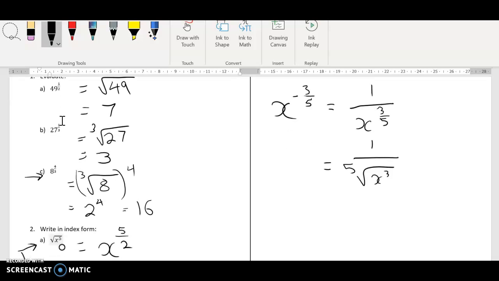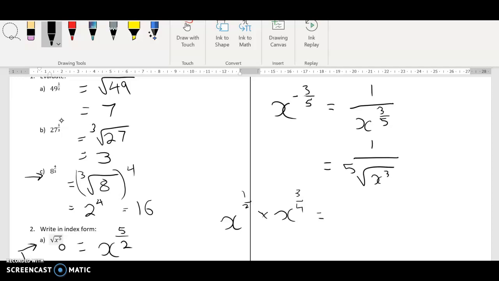So your goal with the exercises is to be fluent in moving and manipulating expressions with fractional indices, even multiplying them together. So like x to the half times x to the 3/4, knowing there that you've got to add the powers. So all these sort of questions will work in the same way. You're just dealing with fractions.